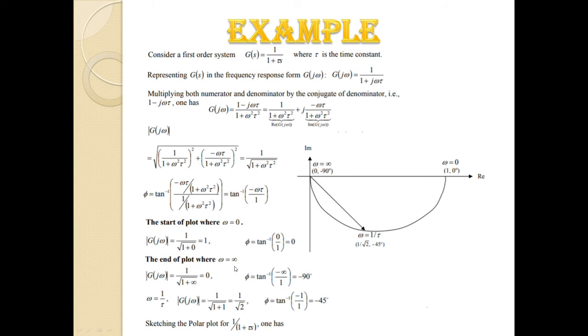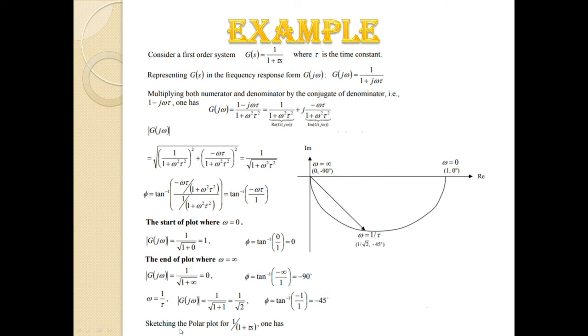Next, we need to find out the value of magnitude and the phase angle when omega equal to infinite. By putting omega equal to infinite in the magnitude relation and the angle relation, we get that the magnitude becomes 0 when omega is infinite, and the phase angle becomes minus 90 degrees.